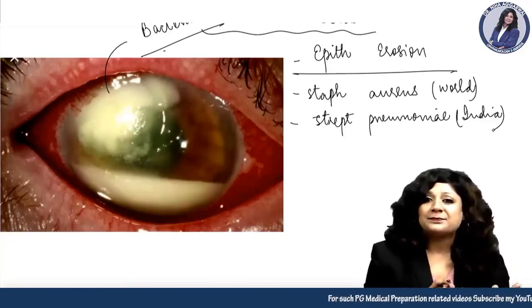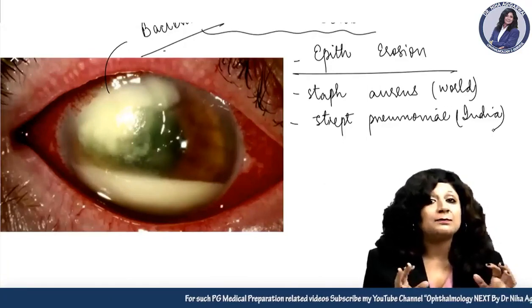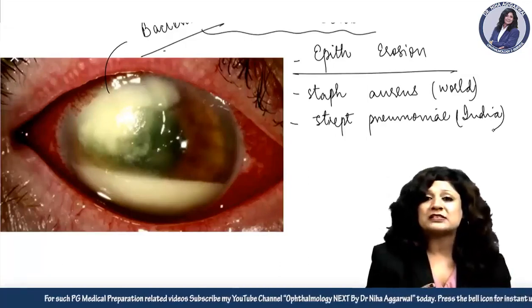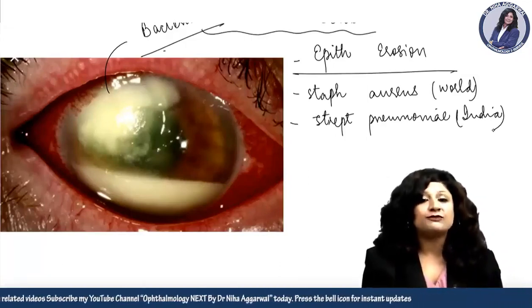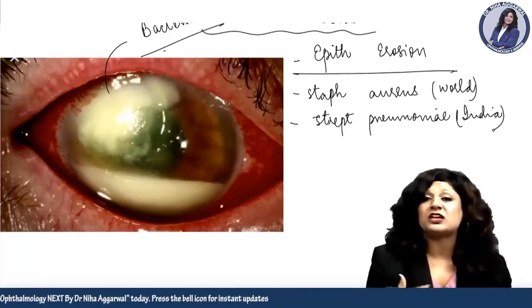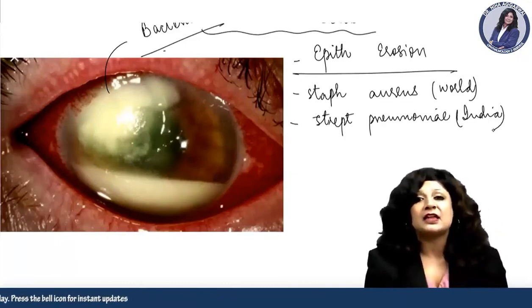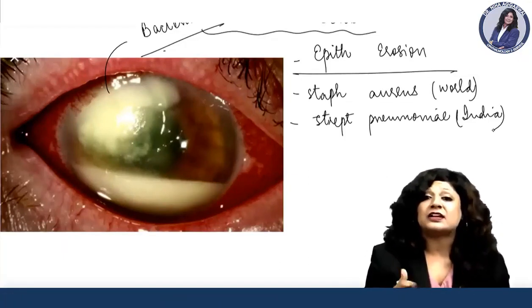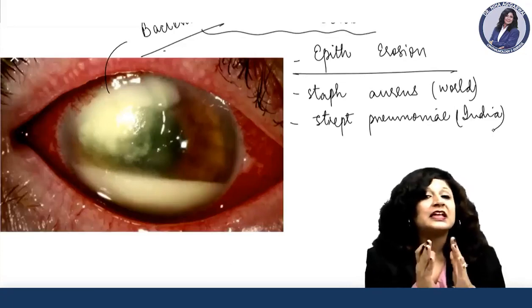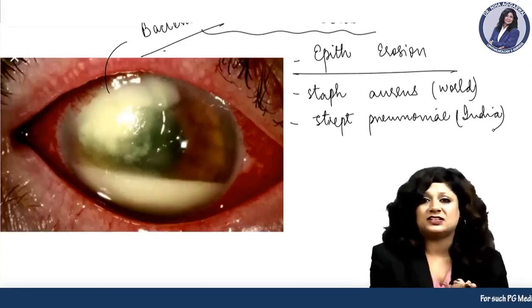But I will say that some bacteria are much more virulent, and those bacteria which are aggressive enough, which can invade the intact epithelium, have the risk of causing corneal ulcers even when there is conjunctivitis.